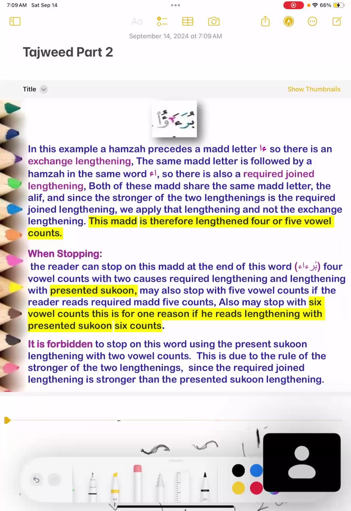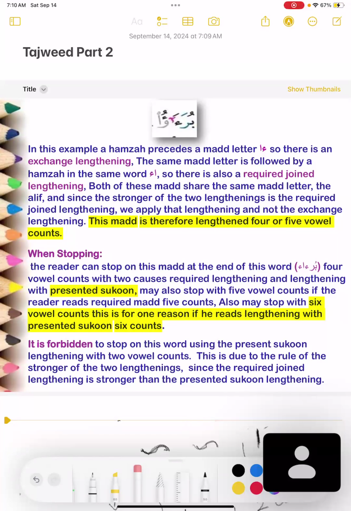And I also have to make madd aridul sukun because I'm stopping at this word. So I have to keep in mind that the length of my madd aridul sukun should not exceed the length of my madd muttasil.